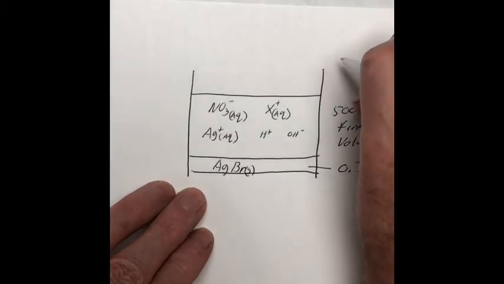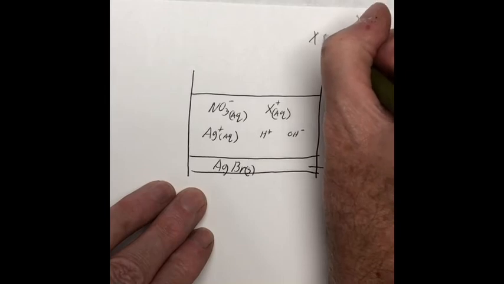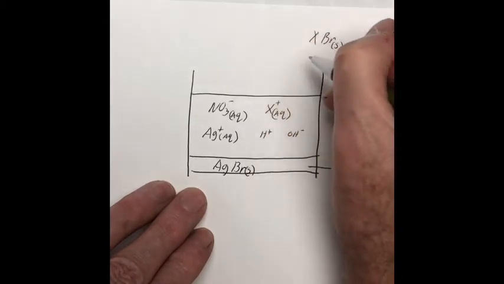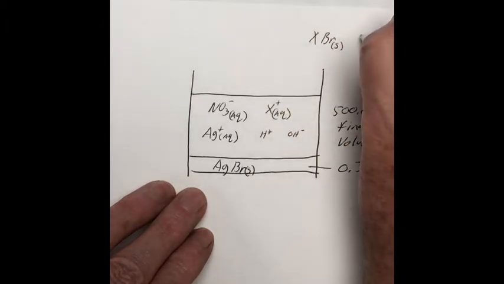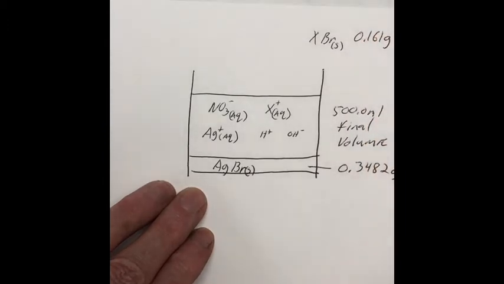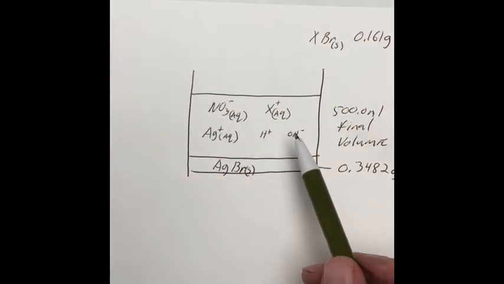Remember the original mass of the XBr, let's write this up here just so it's handy. The original mass of that solid, obviously before we dissolved it in solution, was 0.161 grams.